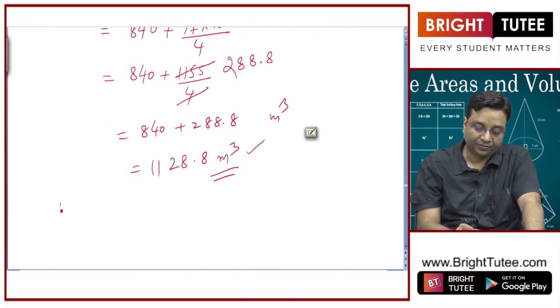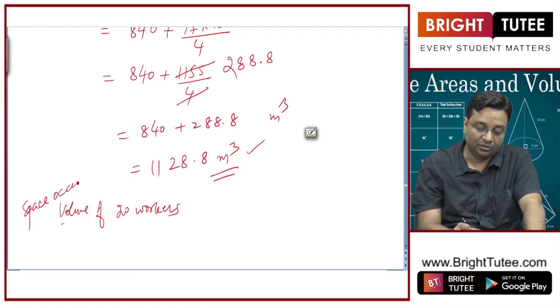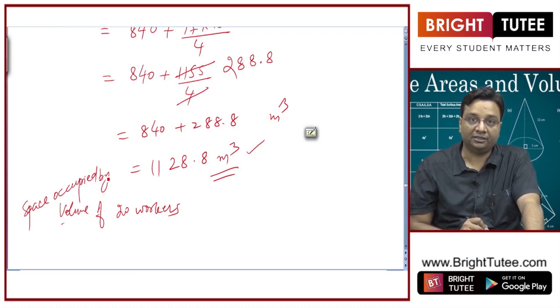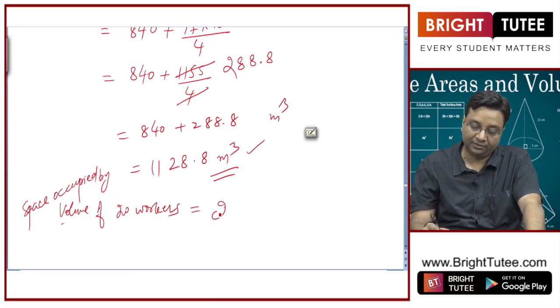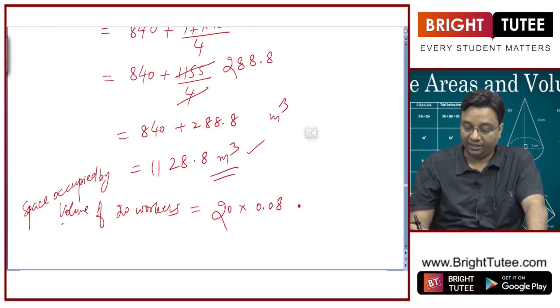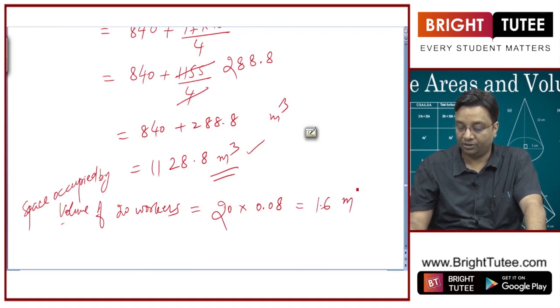So the space occupied by 20 workers is equal to 20 into 0.08, so it is equal to 1.6 meter cubed.